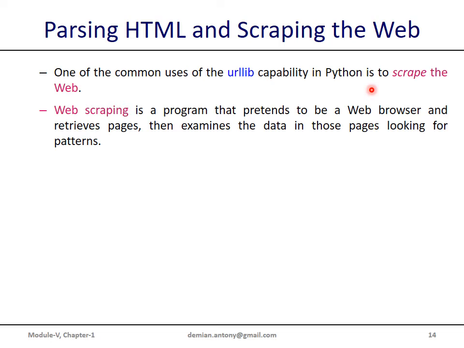That is what we call web scraping. Web scraping is a program which retrieves pages, examines the data in those pages, looks for patterns, and extracts the interesting or specific patterns for further processing.